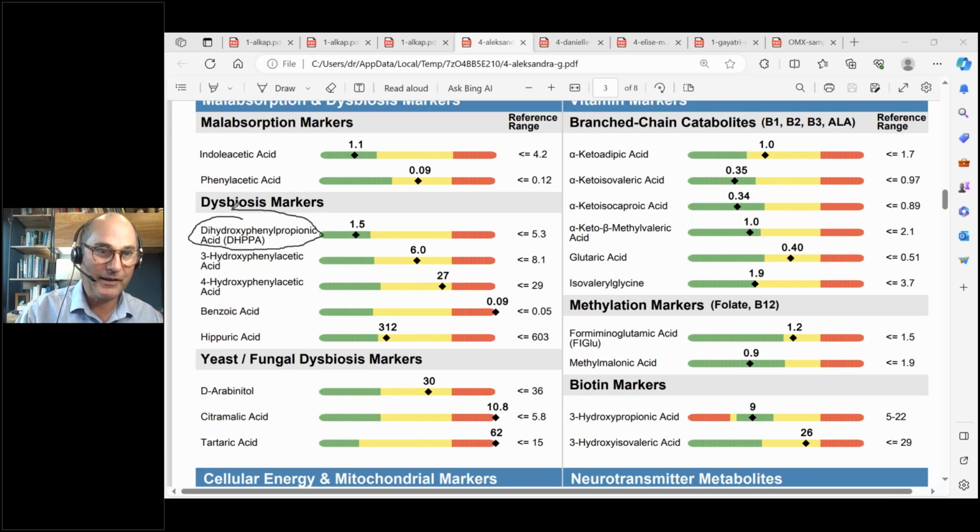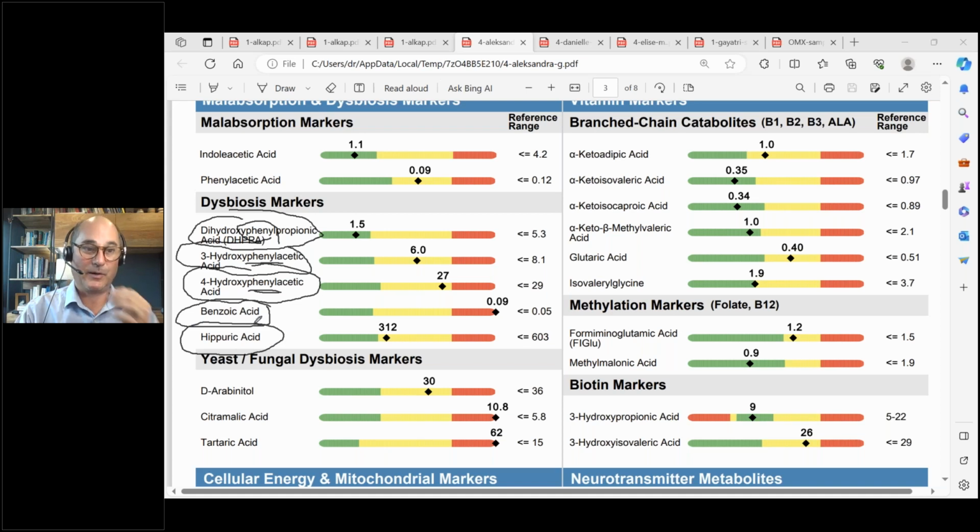Dihydroxyphenyl propionic acid. You see the phenol in there? That's a polyphenol derivative. 3-hydroxyphenylacetic acid. Is there a phenol in there? I think there is. 4-hydroxyphenylacetic acid. That's another polyphenol marker. Benzoic acid, you just have to trust me, it's a polyphenol marker, and hippuric acid is a polyphenol marker also. So these are all markers of dysbiosis, yes, but really you could also put polyphenols on here.